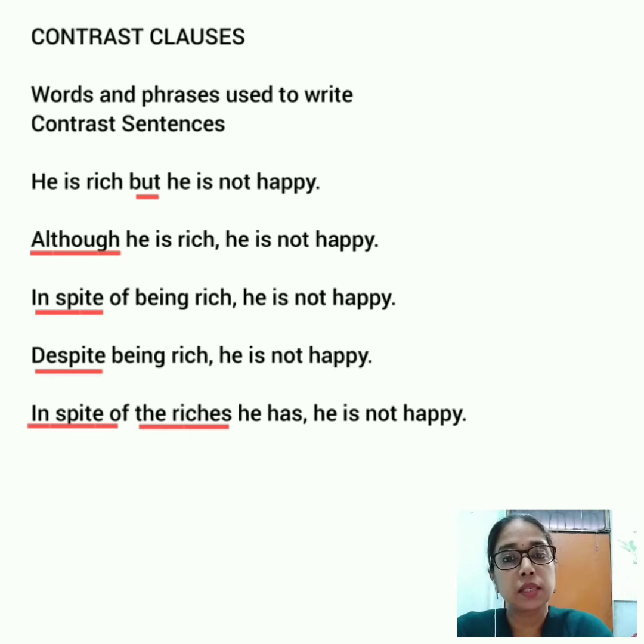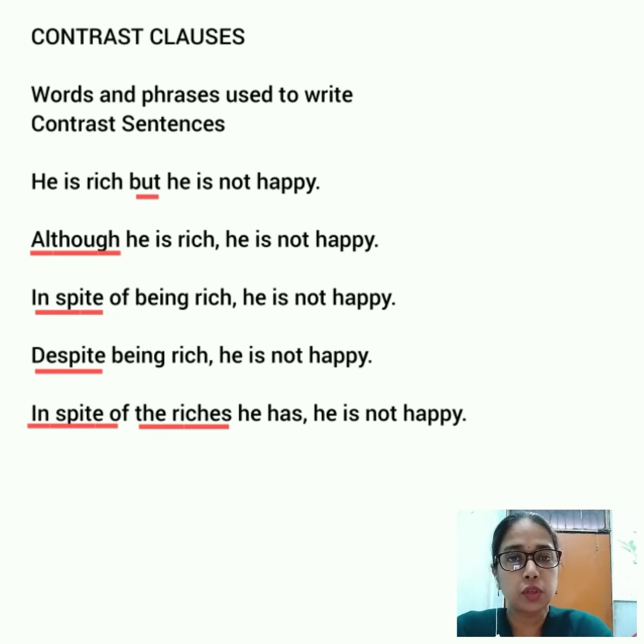Now how will you write the sentence with although? So here when you are writing with although, you straight away start the sentence with although. You can see in the example, although he is rich, he is not happy. Now I started with although, and then after the first clause I have put a comma.